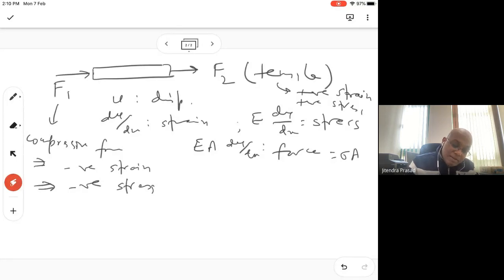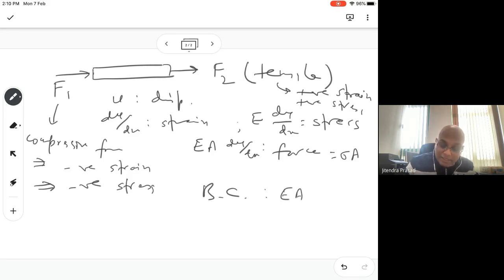And accordingly, remember, we have to define the boundary condition. So the boundary condition is straightforward. We know that we write EA. So look at the strain first. du over dx is positive here. Why? Because this is tensile. Strain is positive because of this tensile force.